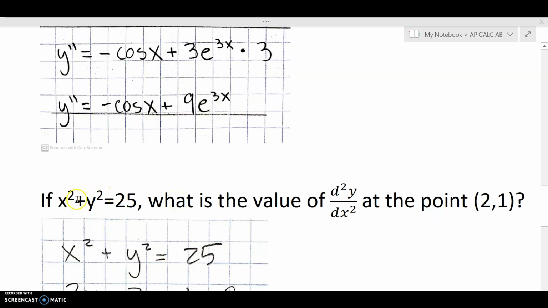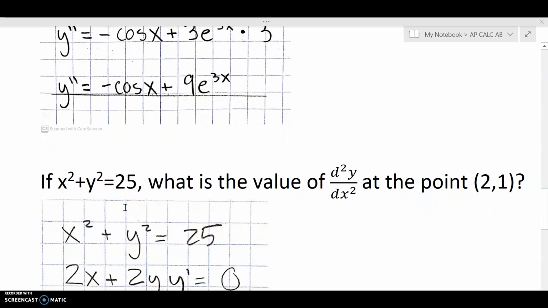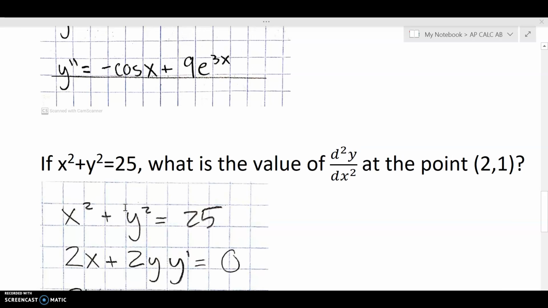So right here, you should be able to recognize that we have to use implicit differentiation. So let's do that. Okay, so you should find that the derivative of x squared is 2x, of course, and then plus the derivative of y squared, which is 2y prime. Now, you might use another notation. However, I like y prime because it's just easier to visualize.